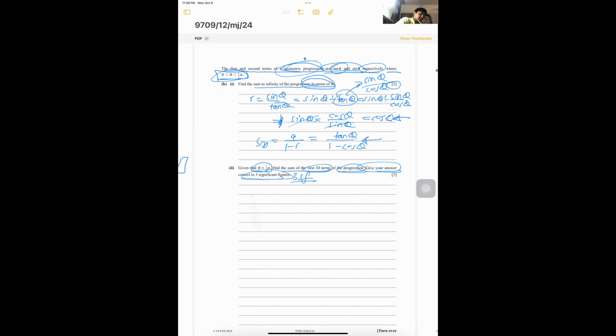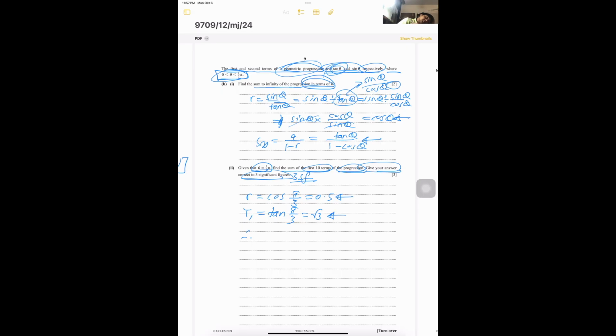So the common ratio is cos pi by 3, as it was cos theta, which is 0.5. Then the first term is tan theta, so tan pi by 3, which is root 3.